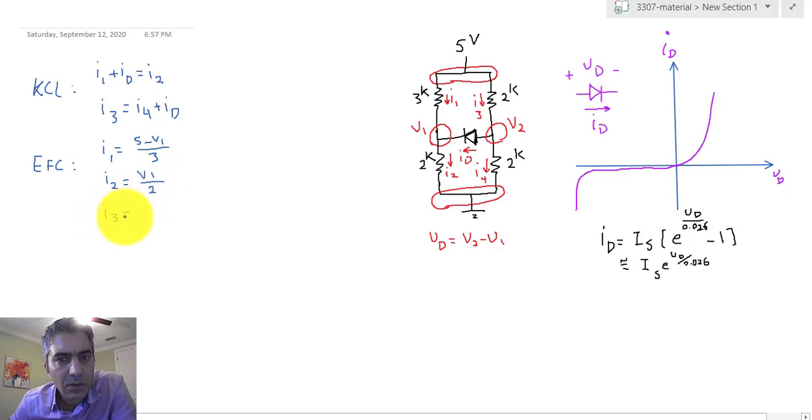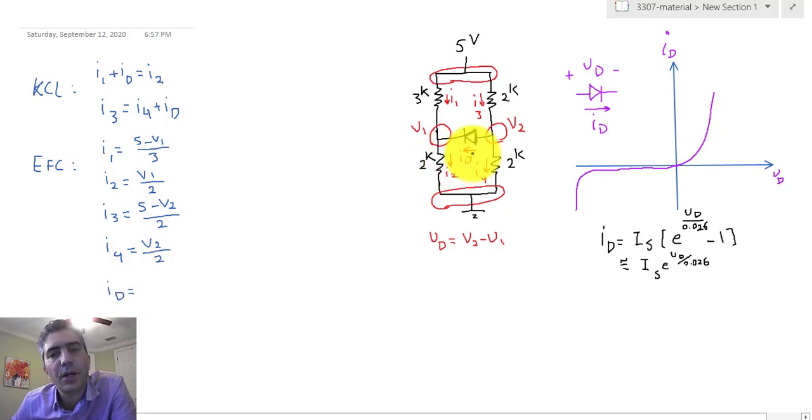I3 is equal to 5 minus V2 divided by 2. Then finally I4 for the fourth resistor is equal to V2 minus 0 divided by 2. And the fifth equation is the equation for the diode. So we're going to go like this. ID is equal to, because we happen to actually call the current passing through the diode in our circuit also ID, so that stands basically compatible with the original equation that we had.